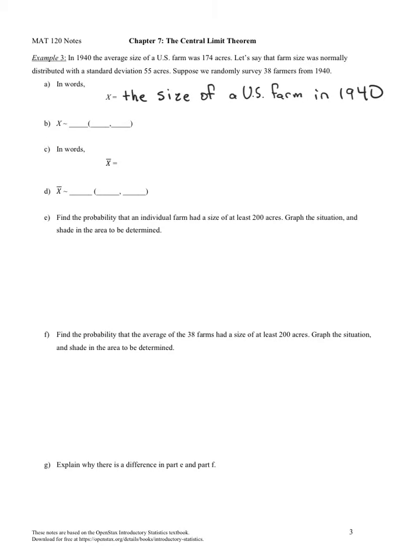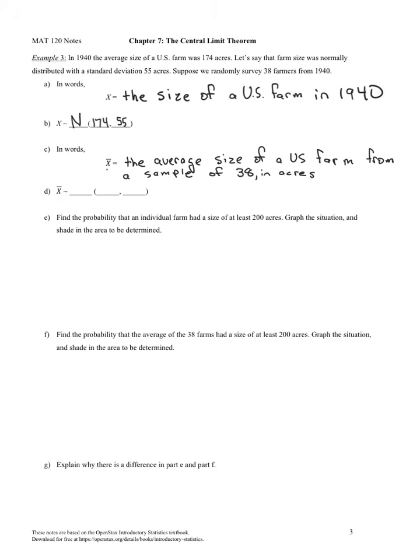This is a normal distribution with a mean of 174 and a standard deviation of 55. So what does this mean in words? Our X bar here is going to be the average size of a U.S. farm as estimated from a sample of 38 in acres.